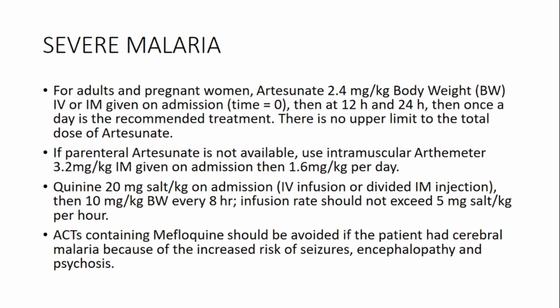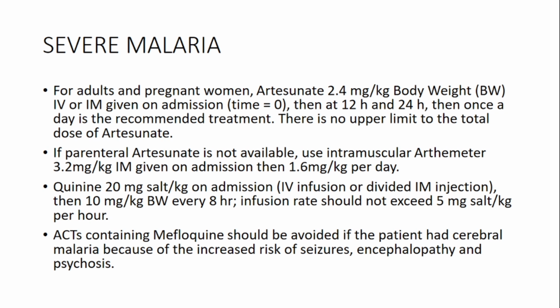So intravenous artesunate is administered at a dose of 2.4 milligrams per kilogram body weight, and this is given at presentation, 12 hours after, and 24 hours from presentation, which is 3 doses within 24 hours. And then this will be continued at a dose of 2.4 milligrams per kilogram body weight daily until the patient is able to tolerate orally, after which this is changed to oral artemisinin-based combination therapy.